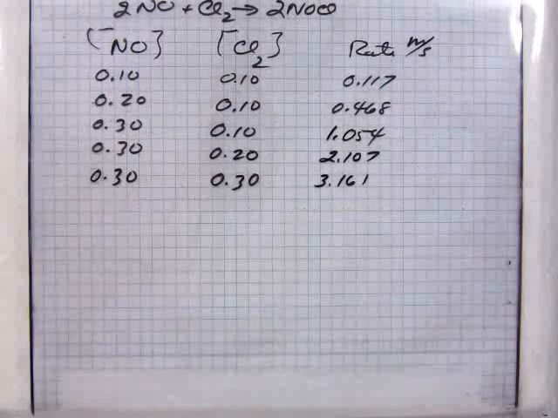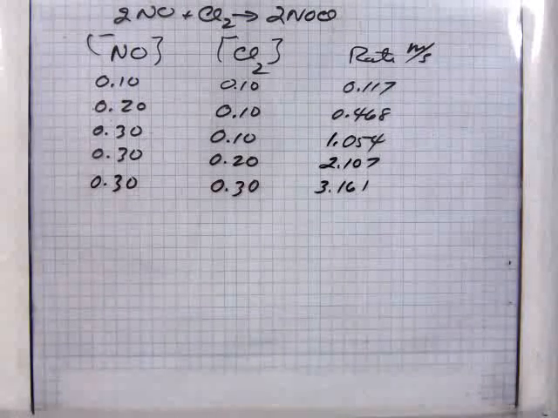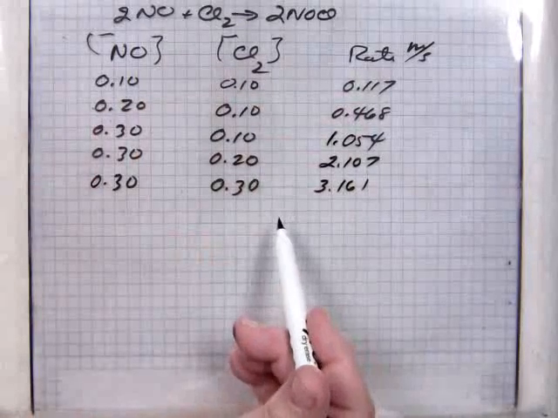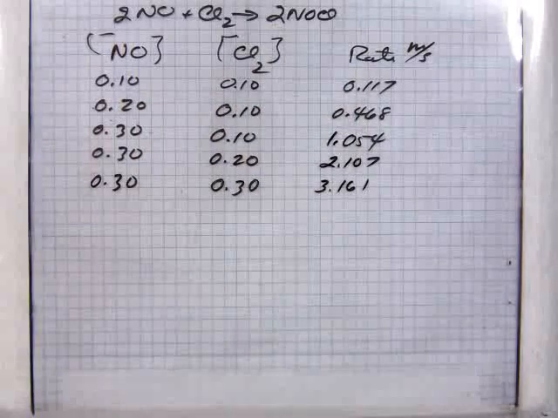So, from the worksheet, you have this problem right here. Determine the rate law for this reaction based on this experimental data. What you do is you hold one constant and vary the other one.